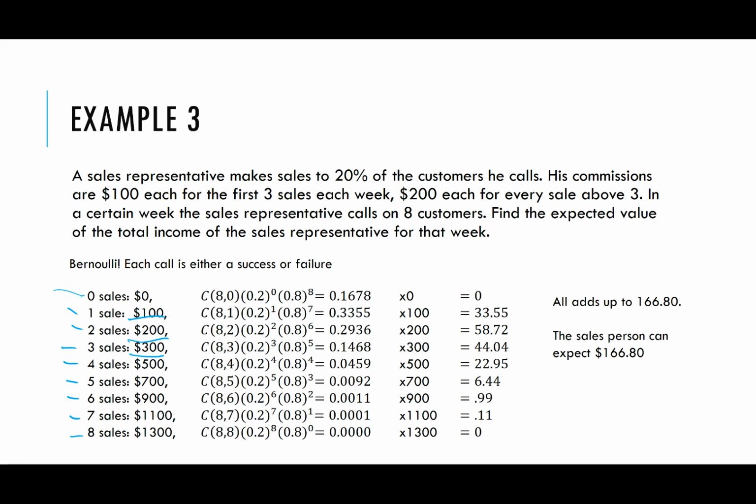Now, after 3 sales, he makes $200. So on the 4th sale, he's making another $200. So if he makes 4 sales, he made $100 on the first sale, $100 on the second sale, $100 on the third sale, and then $200 on the 4th sale, which is why you can see it totals up to $500. So each of these adds 200. He makes a 5th sale, he adds 200.